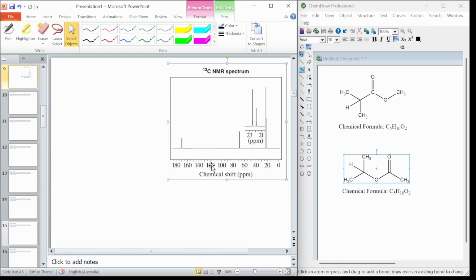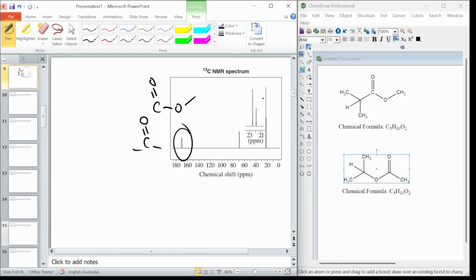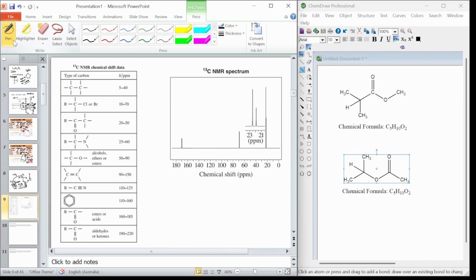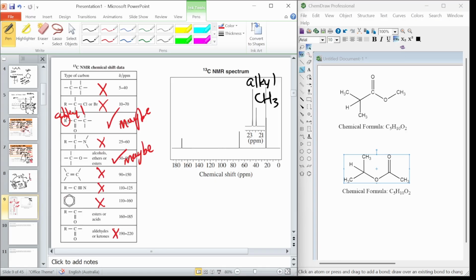So okay, the carbon NMR. This one is going to be the CH3s, and we have 2 lots. According to the chemical data sheet, between 5 and 40, we have CH3. 10 to 70, chlorine, bromine. Well, we don't have that. So we can already say what we don't have. We don't have this, because that's 170, that's 190, 220, that's too far away.